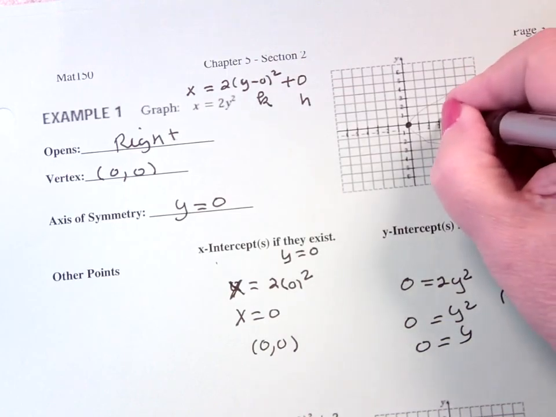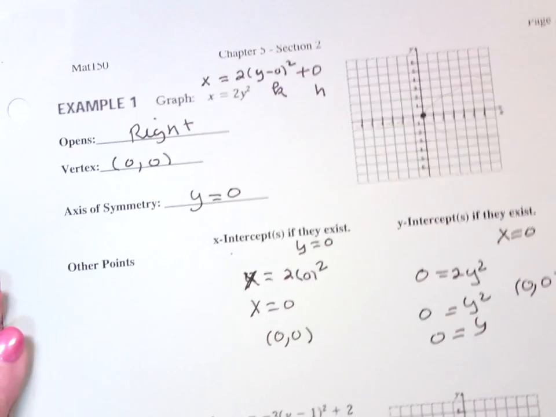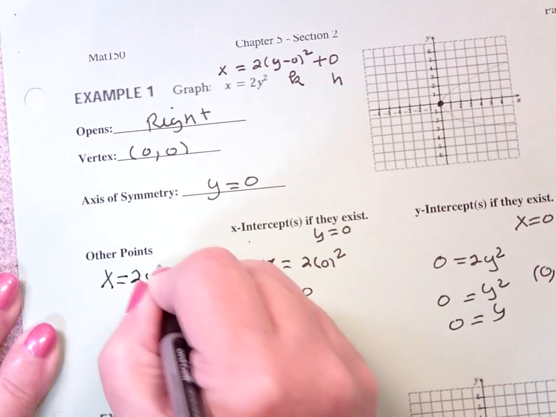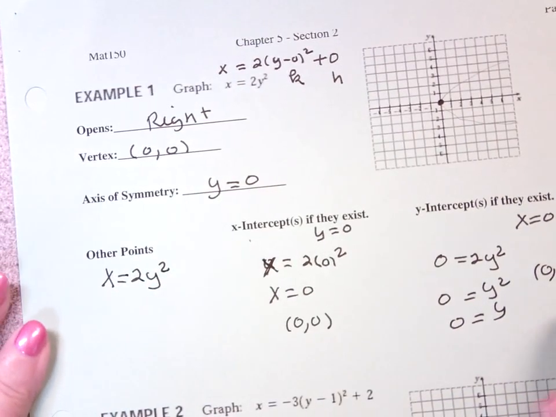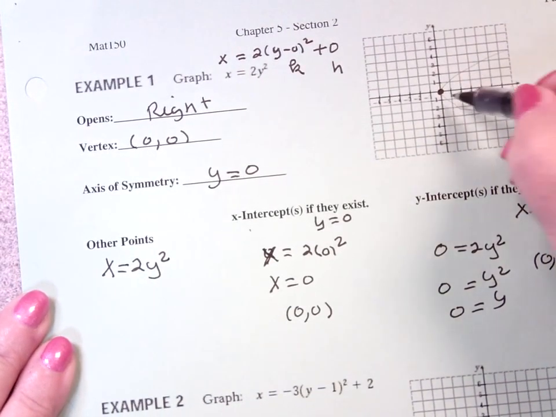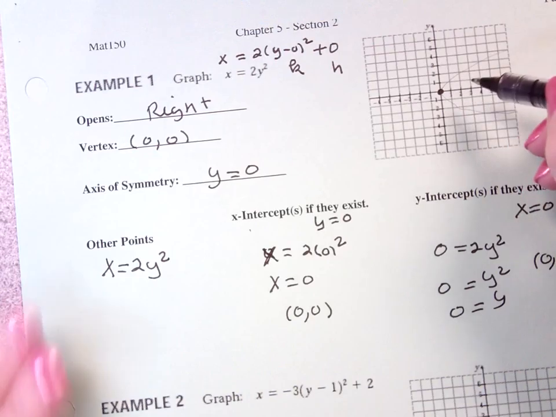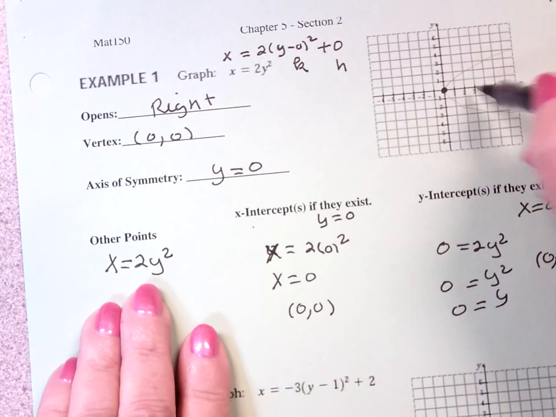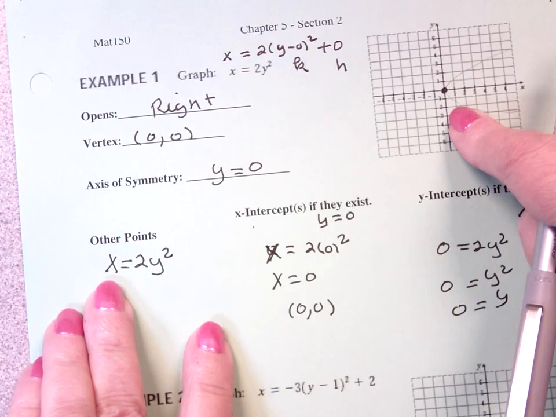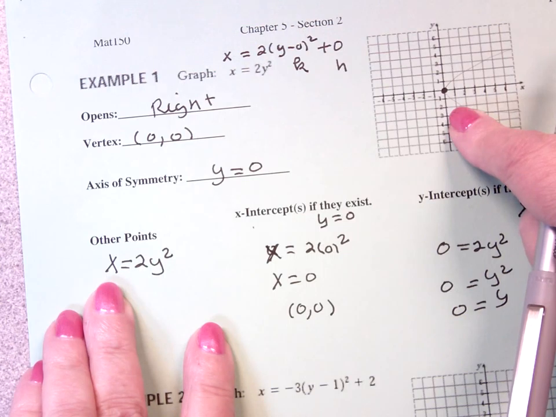Now, I can pick any x value because I know that x is 2y squared. If I put in x equal 1, I'm going to have 1 equals 2y squared, y squared equals a half. I'm going to have to deal with radicals, right? Square root of a half.